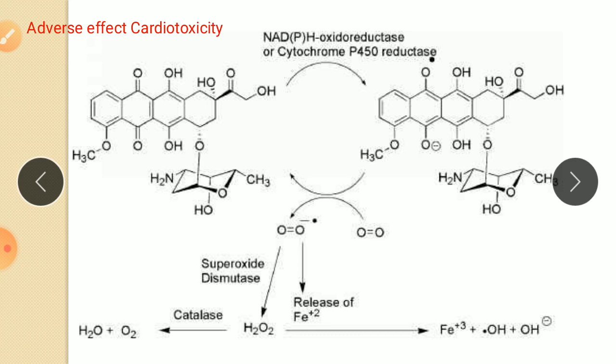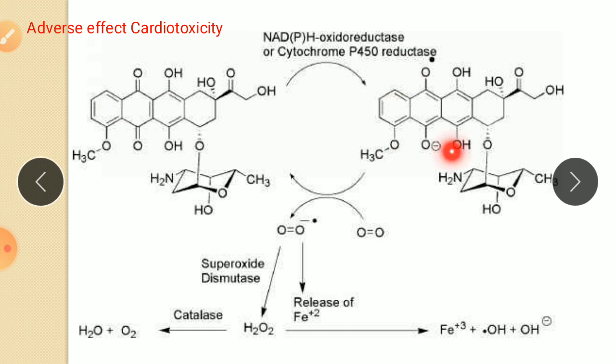So as we discussed in the mechanism of action, anthracycline undergoes a redox cycling reaction. So it is a redox cyclic reaction in which the C ring, so this one is the C ring, forms a free radical, that is the superoxide radical. So here this double bond shifted inside the ring, then this pi bond shifted here, and then it becomes O minus.